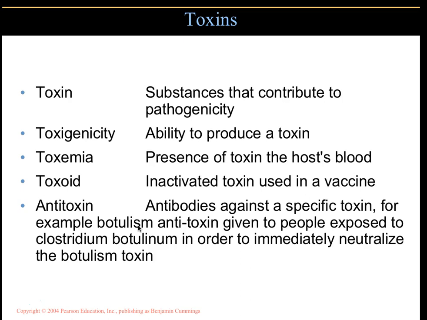This can also happen when you're trying to avoid Clostridium perfringens, which causes gangrene, or other types of pathogens. So let's just stick with the botulism. The botulism antitoxin is injected into people exposed to Clostridium botulinum in order to immediately neutralize the botulism toxin.